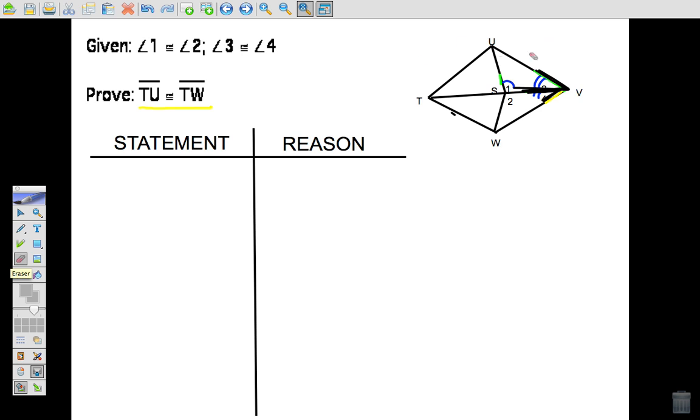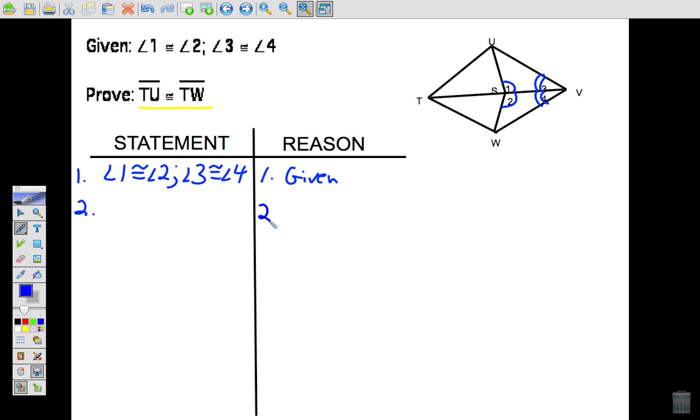So I'm going to erase this, and I'm going to remark what I know, in that angle 1 is congruent to angle 2, angle 3 congruent to angle 4. All right, let's write down our given. So angle 1 is congruent to angle 2, and angle 3 is congruent to angle 4. Given. All right, step number 2.